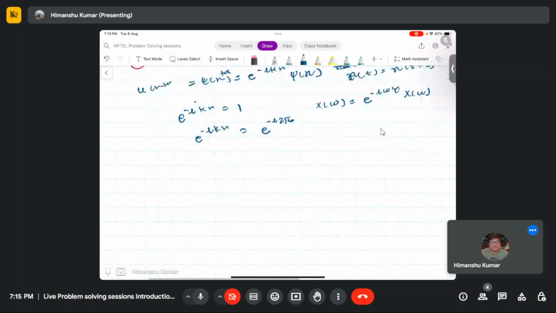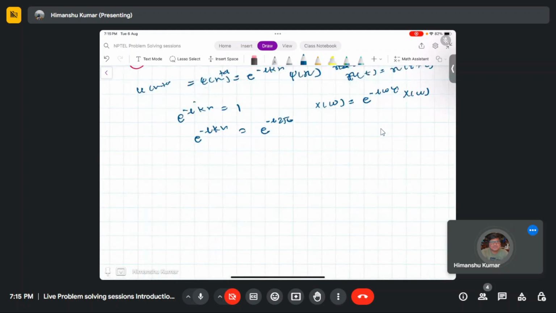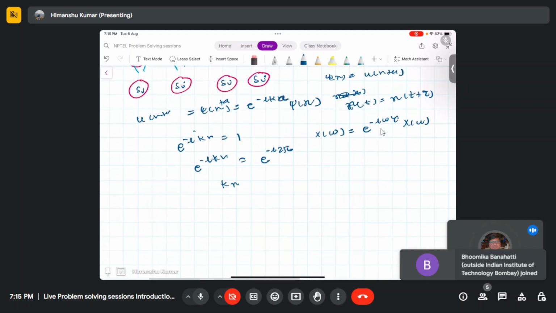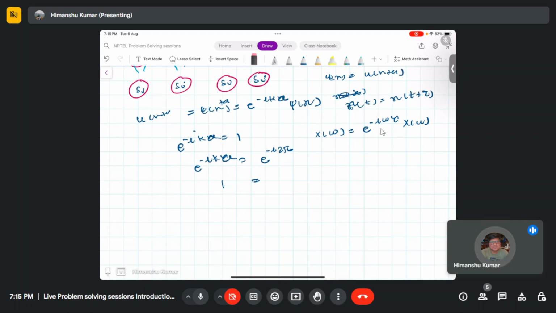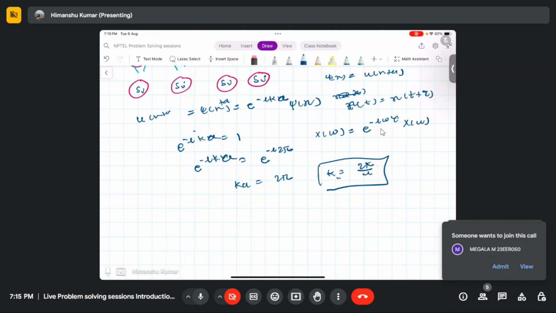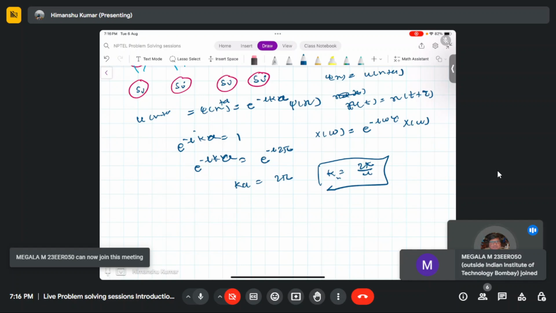So it is ka, not kx, and ka equals 2 pi. If you compare, then k is 2 pi by a. So the wave function of electrons has the periodicity of 2 pi by a, and this follows similar Fourier domain properties.